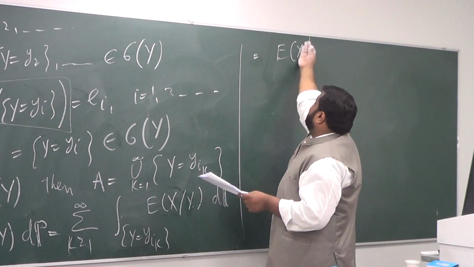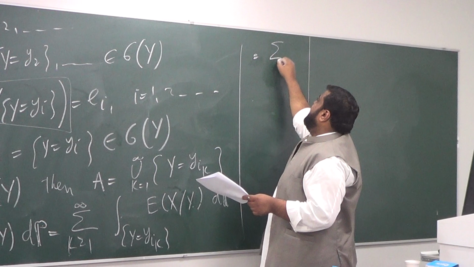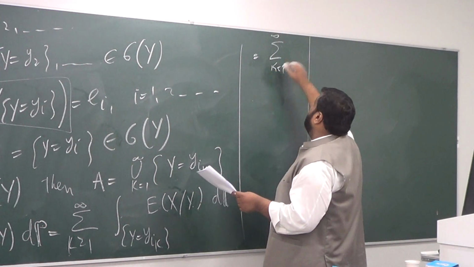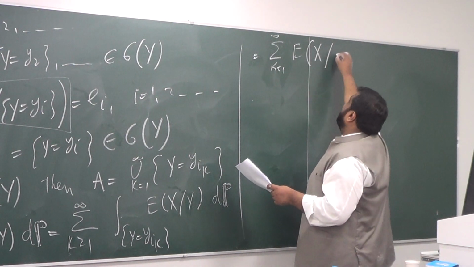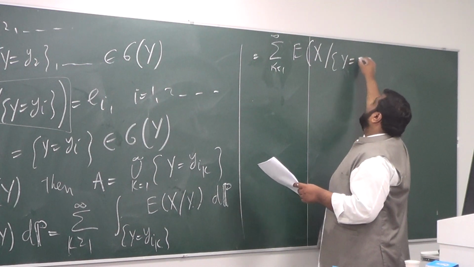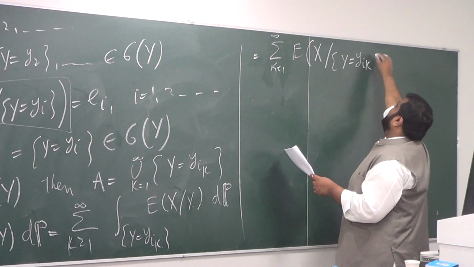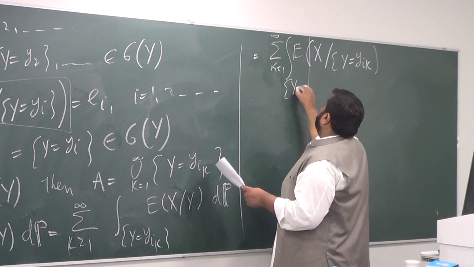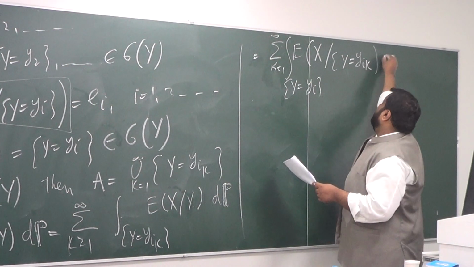Can I say that this would be equal to the sum over k equal to 1 to infinity of the conditional expectation of x given y equal to yik, and its integral over y equal to yik with respect to dp?